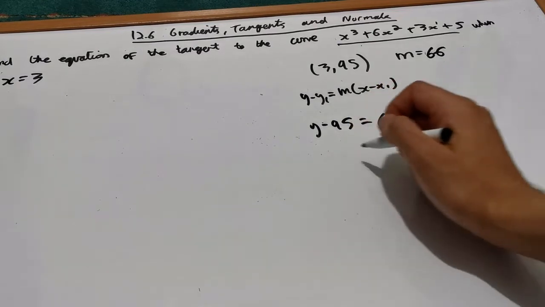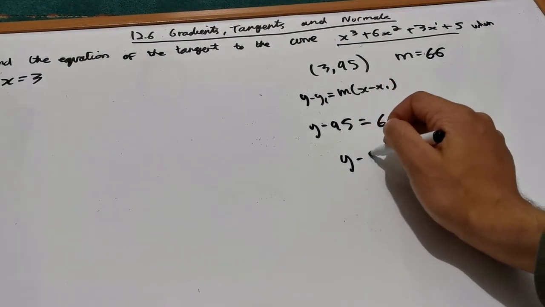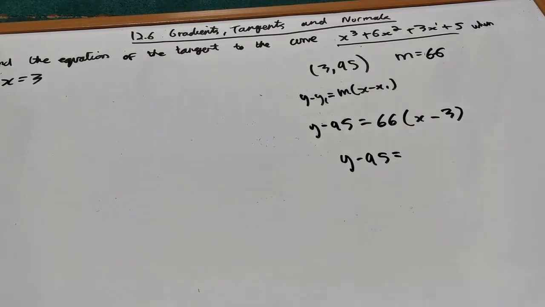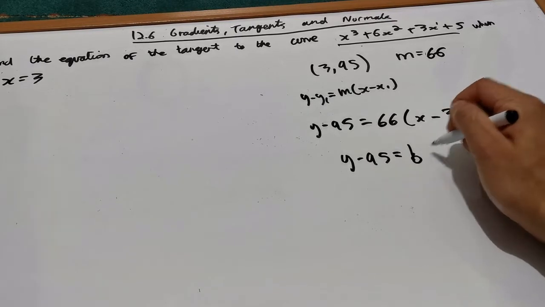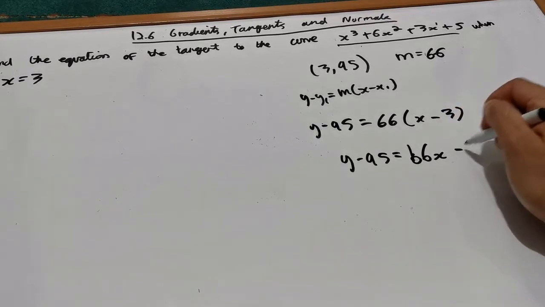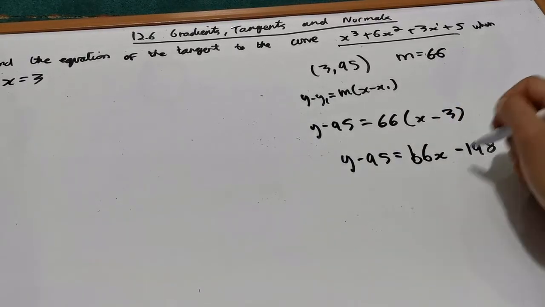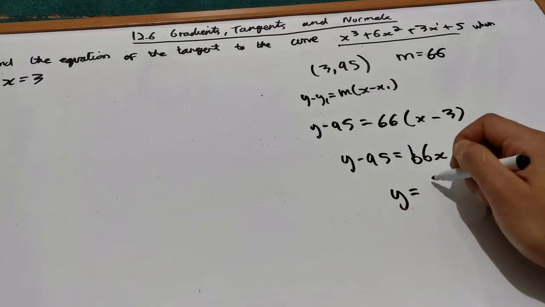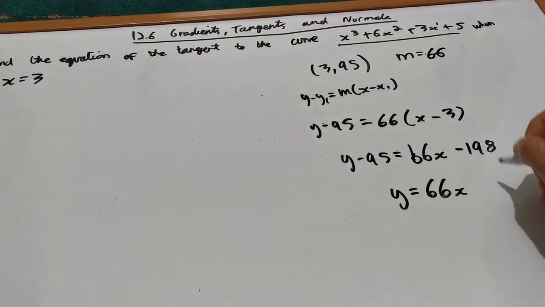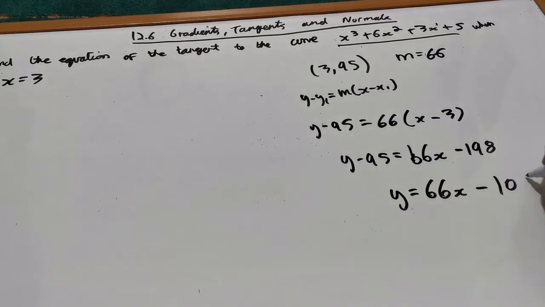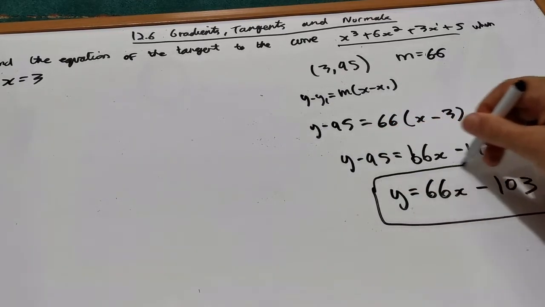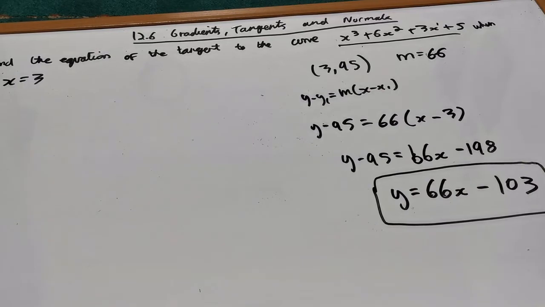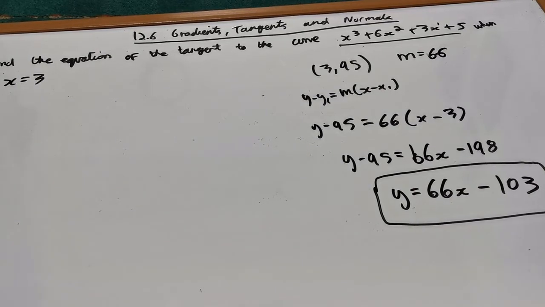Now, all we do is rearrange, which is 66x, take away 198. Therefore, y is equal to 66x, take away 103. And this is the equation of a tangent to the curve at the point where x is equal to 3.